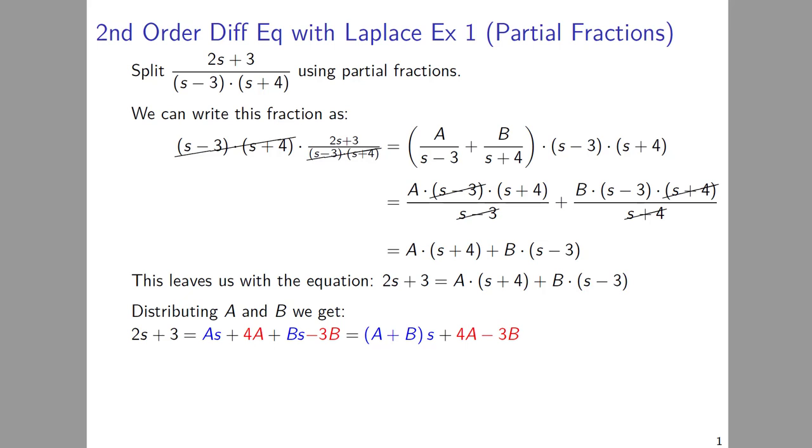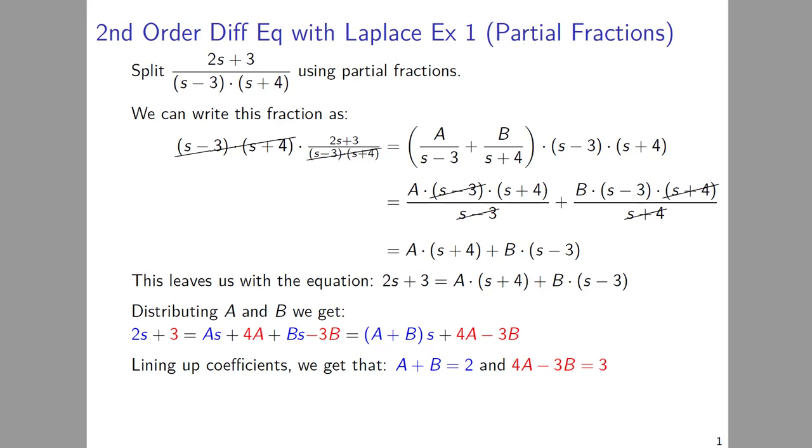Since we want this to equal 2s + 3, we know that our coefficient of s on the left-hand side, which is 2, must be equal to our coefficient of s on the right-hand side, which is A + B. So lining up coefficients like this gives us that A + B has to equal 2 from our coefficient of s, and 4A - 3B has to equal 3 by lining up our constants on both sides.